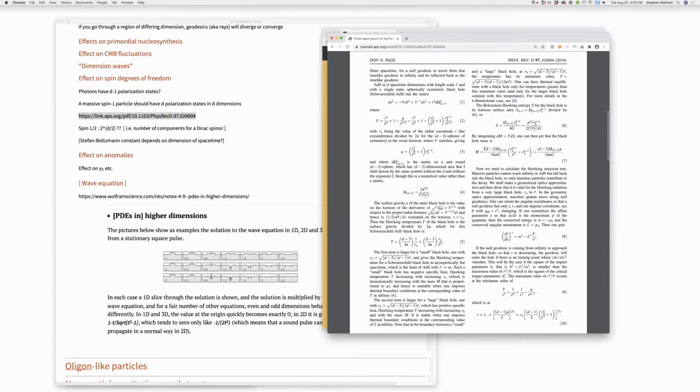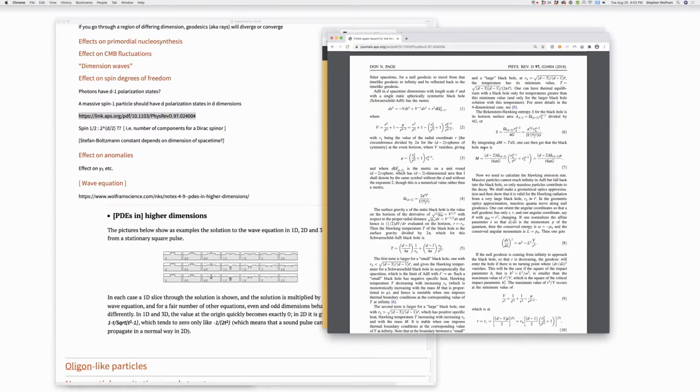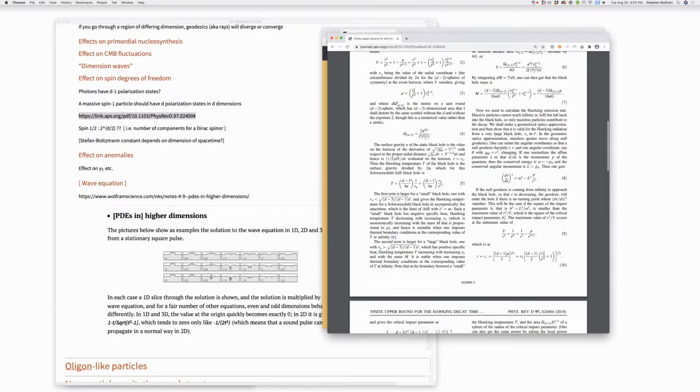Okay, so what is he saying here? That black hole mass as a function of dimension. Okay, that has a D-2, fine.